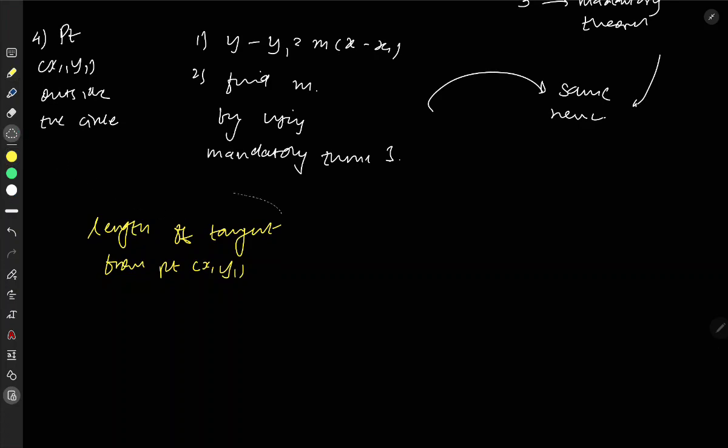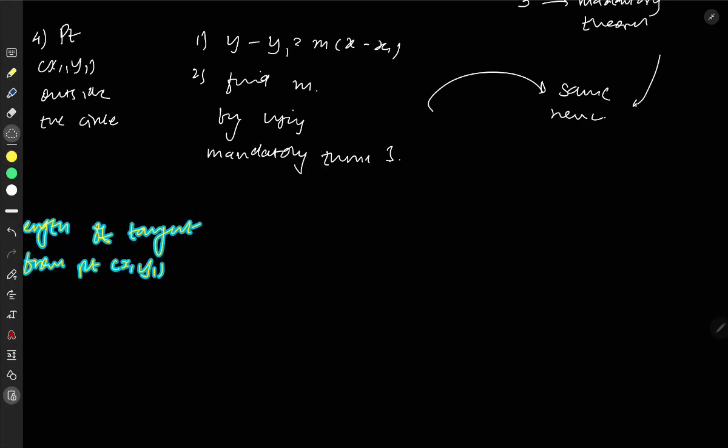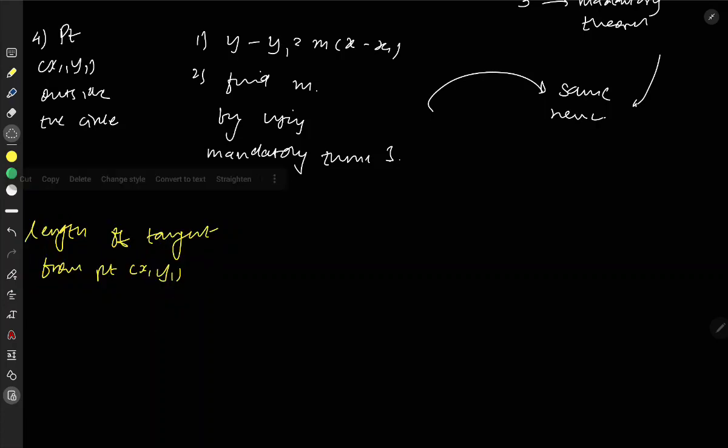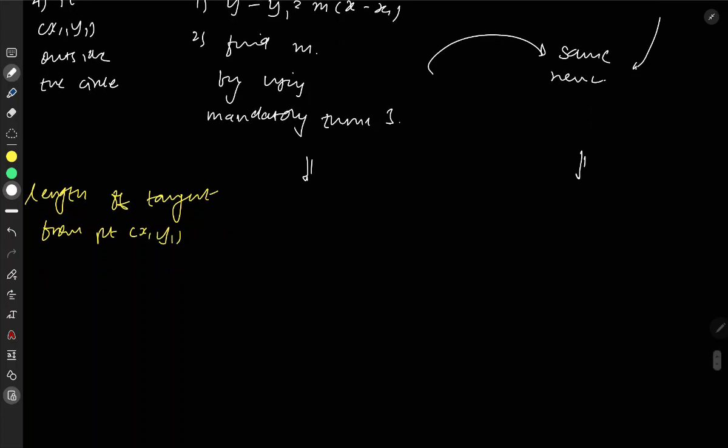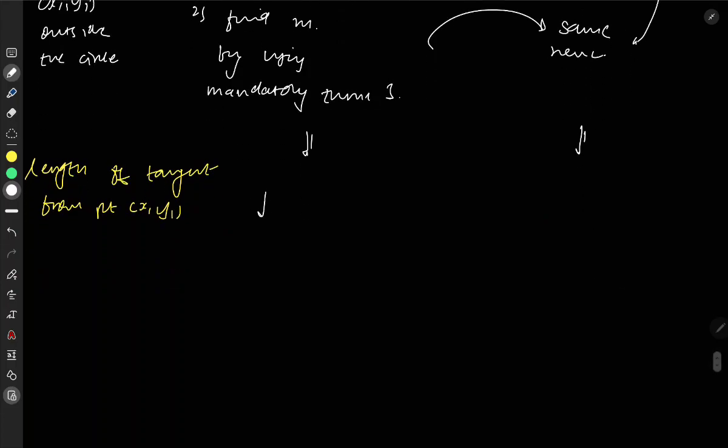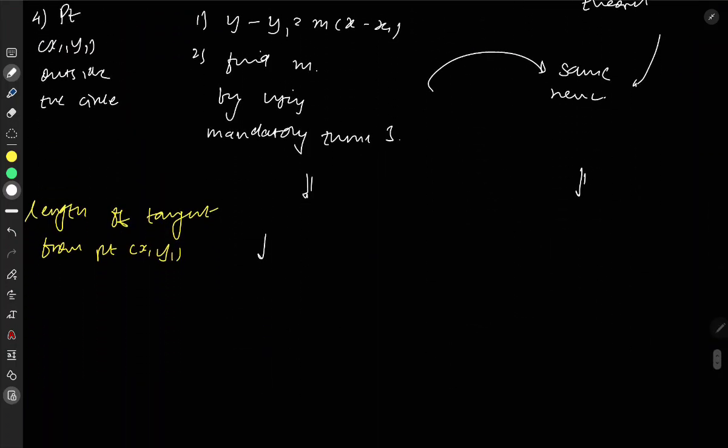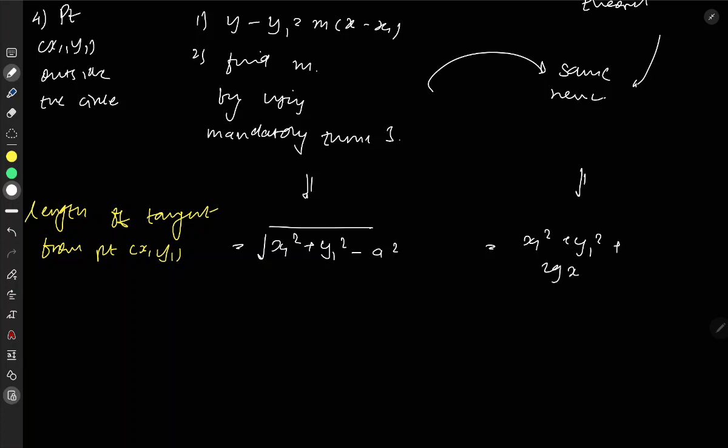The length with respect to the form x square plus y square equal to a square is root of x1 square plus y1 square minus a square, and for the general form the length is root of x1 square plus y1 square plus 2g x1 plus 2f y1 plus c.